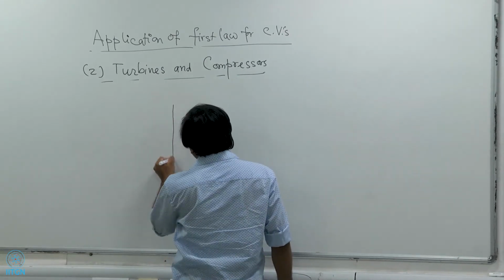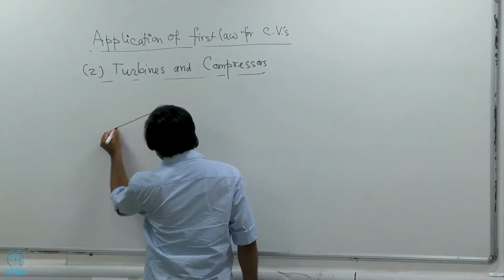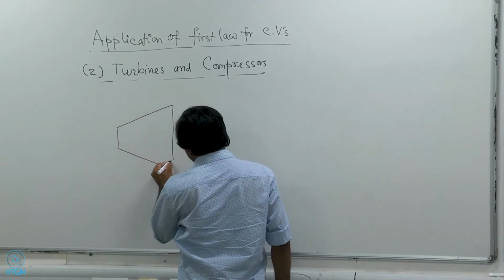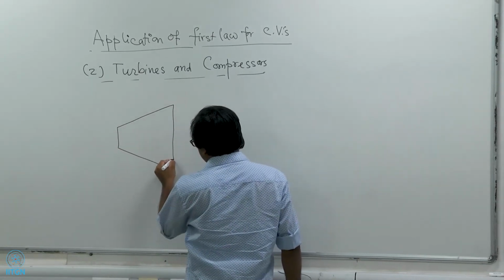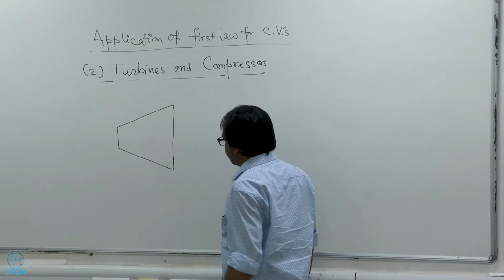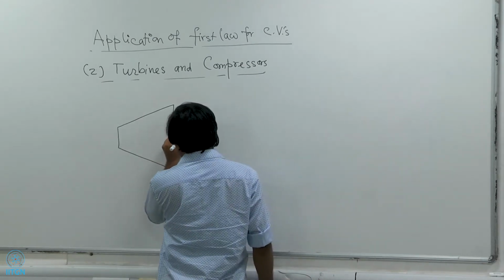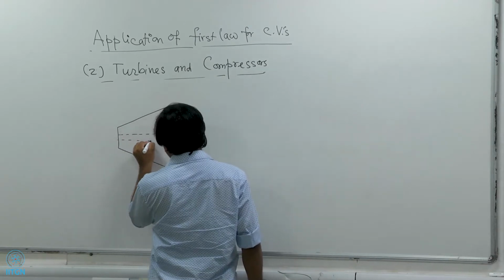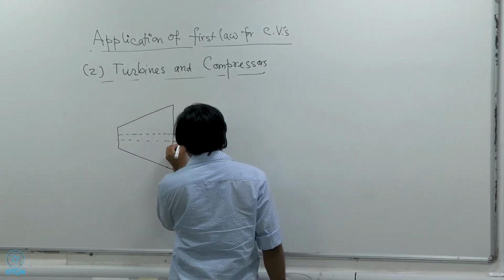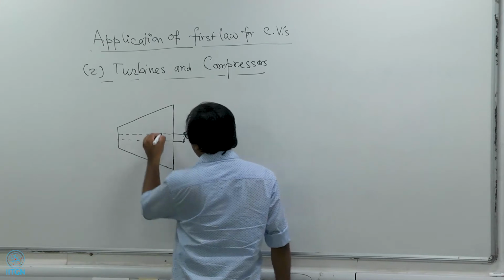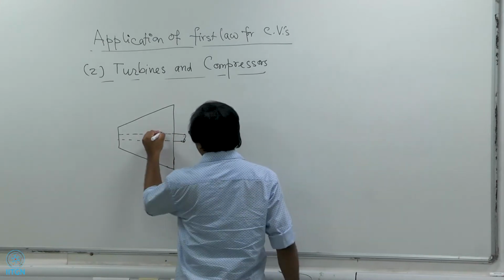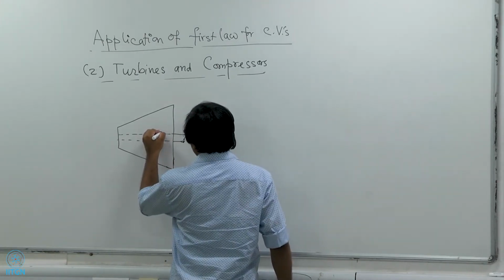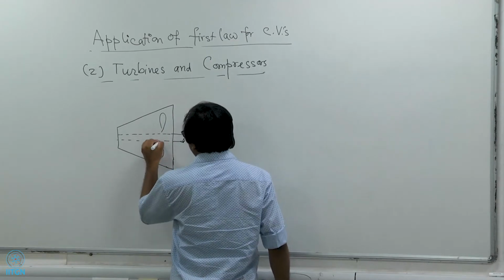Typically a turbine is drawn schematically like this. The turbine is mounted on a shaft, and there are blades inside the turbine.